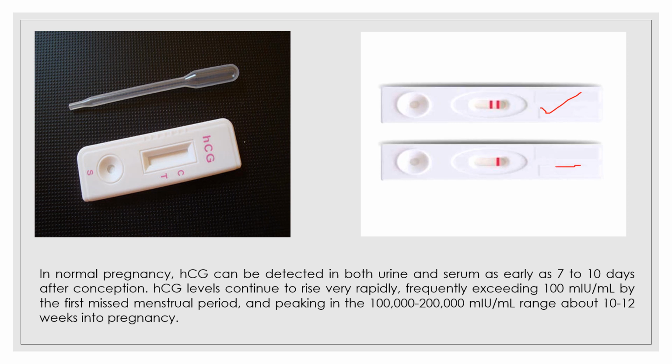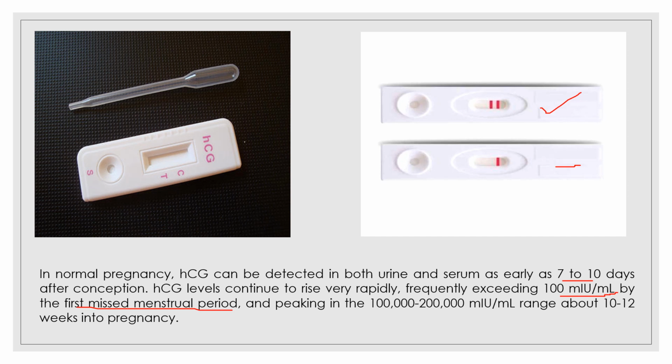So in normal pregnancy, HCG can be detected in both urine and serum as early as 7 to 10 days after conception. After that, the HCG level will rise very rapidly and frequently exceed 100 milli international units per ml by the first missed menstrual period. What do we mean by that?